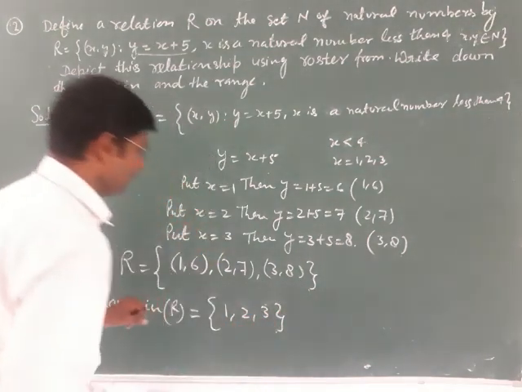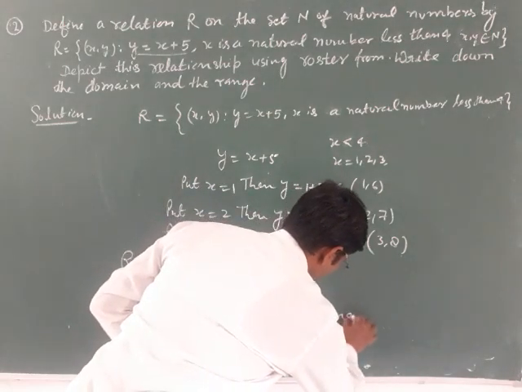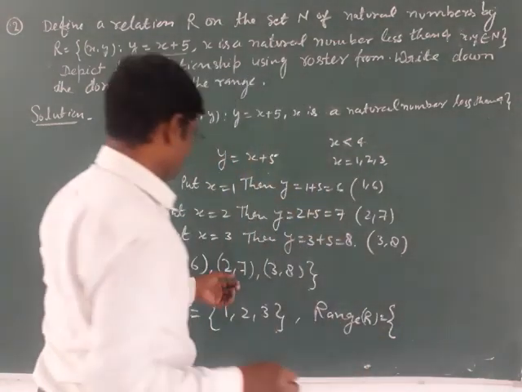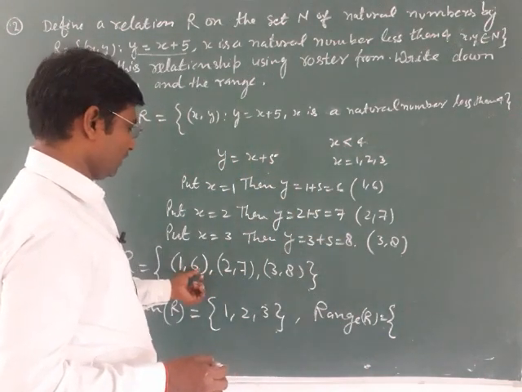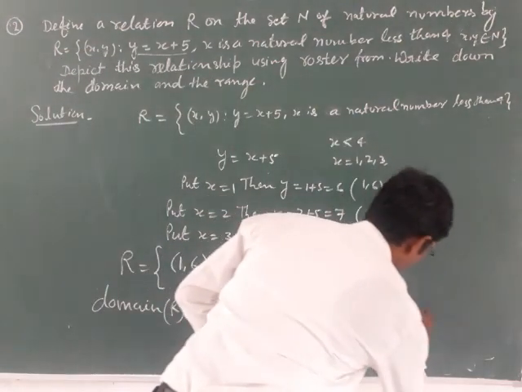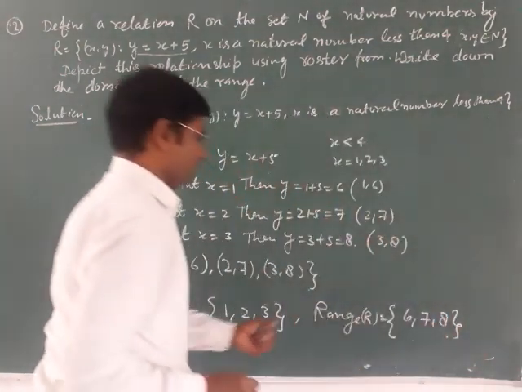This is the domain. And range of R is the set of second components: 6, 7, 8. This is the range.